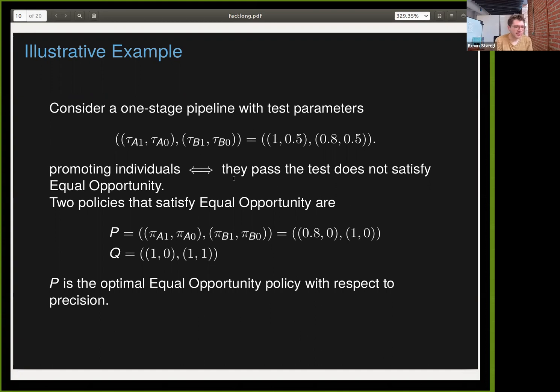The alternative, P, is you downweight group A. You make it harder to pass through group A. So even if you pass the test, you're only promoted with 80% probability. That clearly satisfies equal opportunity. And in our paper, we do show that P is the optimal equal opportunity policy with respect to precision. That holds not just for this one-stage example, it also holds for general pipelines. That's our first main result.